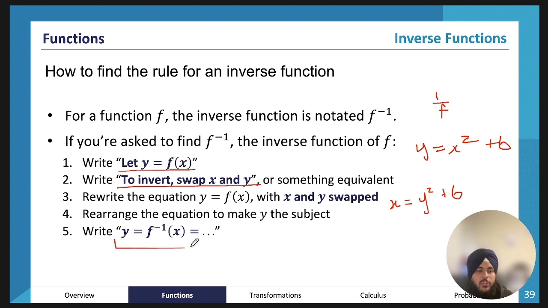Lastly, you might want to define what f inverse is by saying something along the lines of y is equal to f inverse of x. Another important thing is that sometimes the question will ask you to define the function.